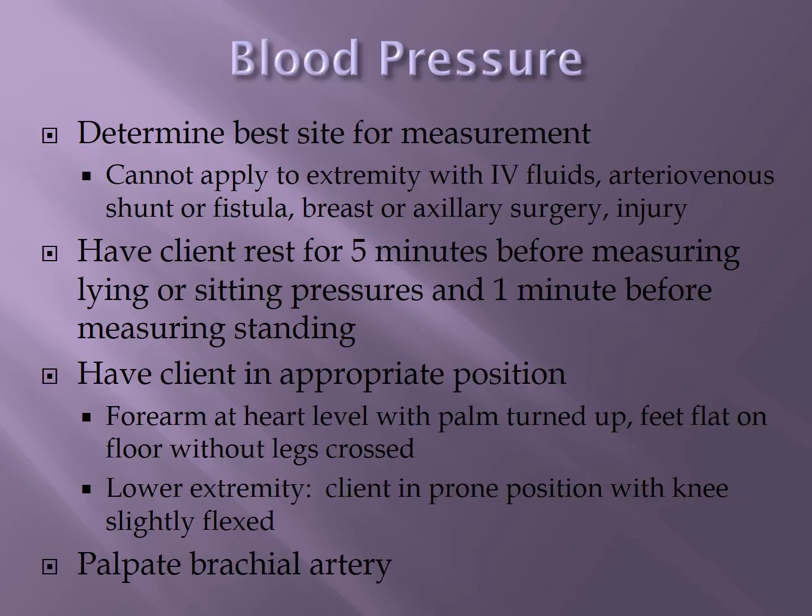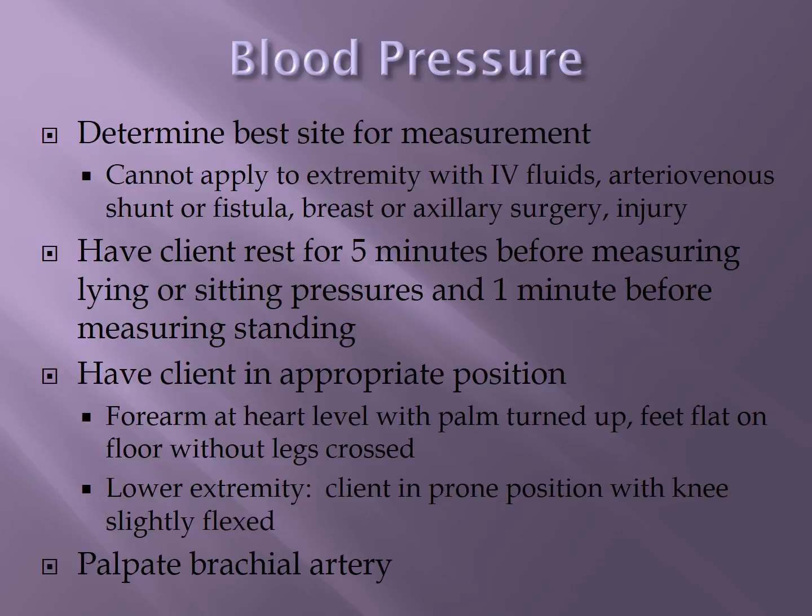Now, if we're having to do a lower extremity and we're placing that blood pressure cuff over the thigh, then the patient has to be in a prone position so that we can place the stethoscope over the popliteal artery.